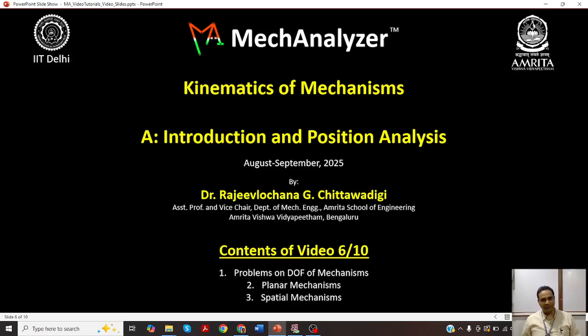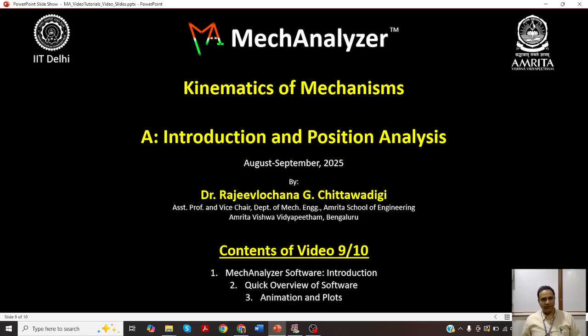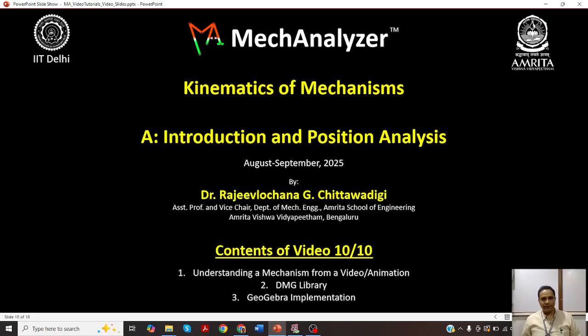Later on we'll look at different standard planar mechanisms, four-bar, slider crank, double slider, followed by GeoGebra simulation of those mechanisms. Then we'll have a quick overview of MechAnalyzer software. And finally, we'll take one sample mechanism found, let's say, on the internet, and see how we analyze that.